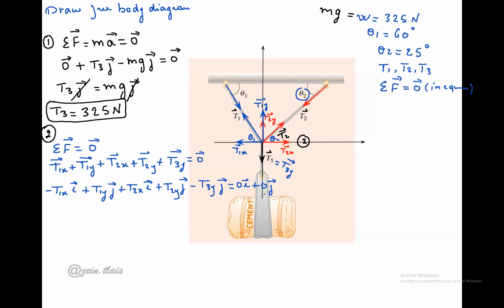We don't have a... Now we take i, and i. We get minus T1x i. We don't need to write i.